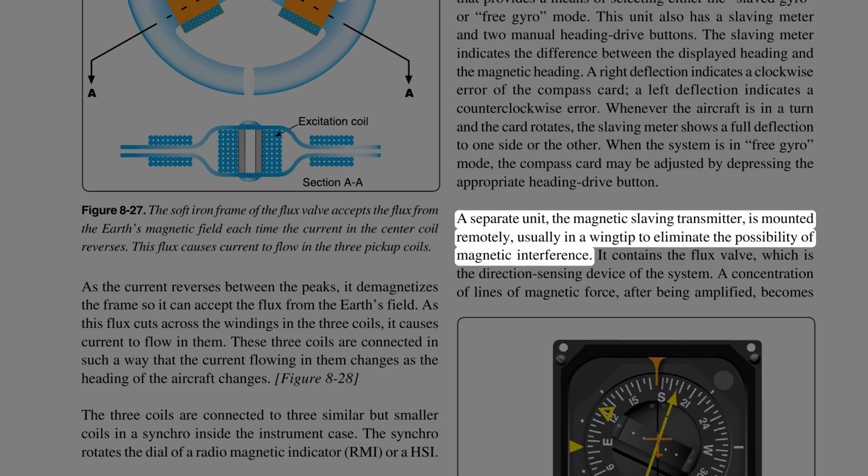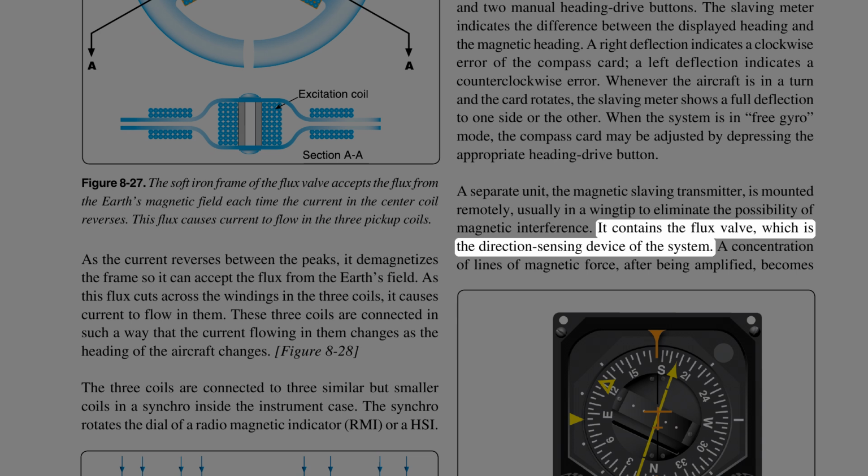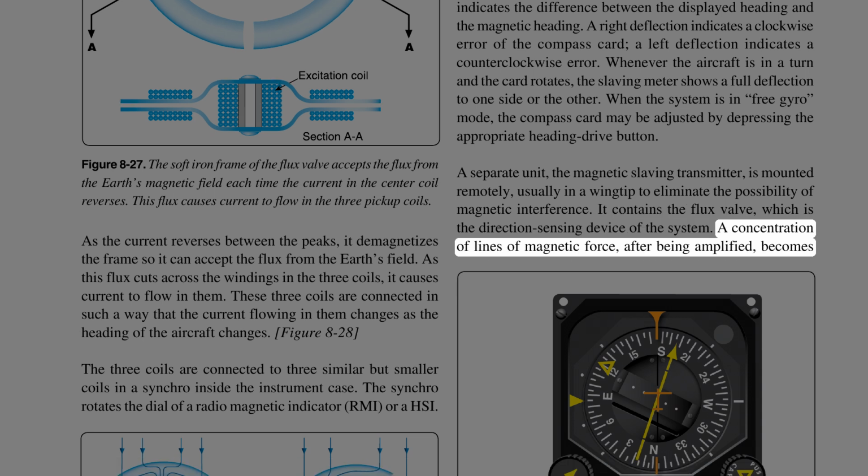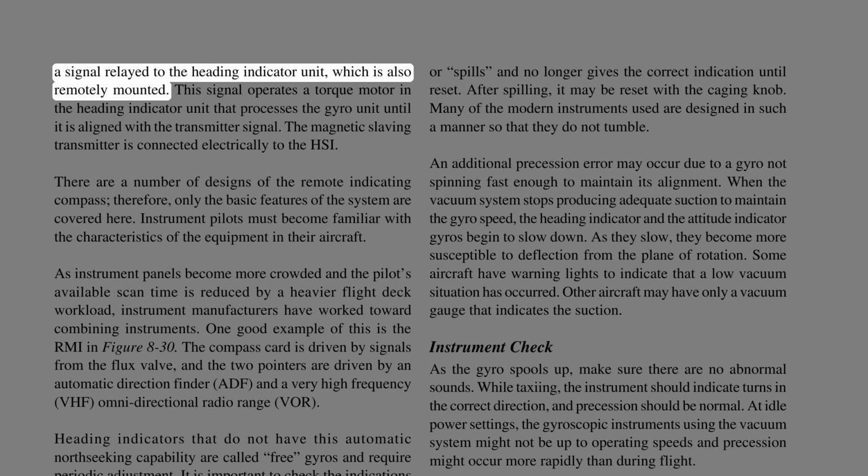A separate unit, the magnetic slaving transmitter, is mounted remotely, usually in a wingtip to eliminate the possibility of magnetic interference. It contains the flux valve, which is the direction sensing device of the system. A concentration of lines of magnetic force, after being amplified, becomes a signal relayed to the heading indicator unit, which is also remotely mounted.